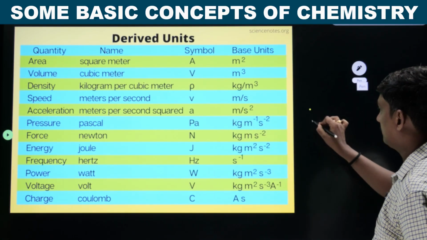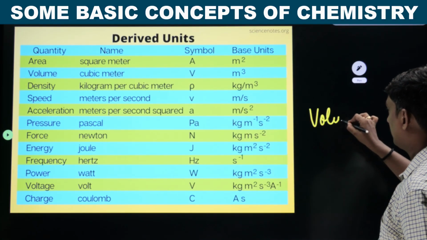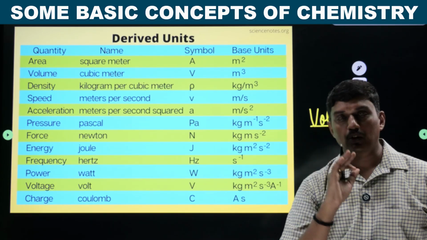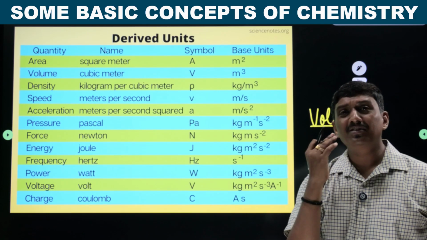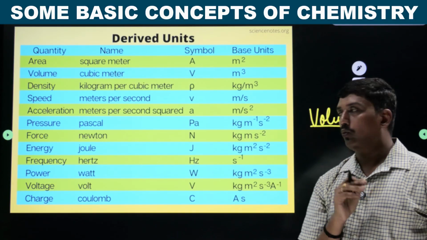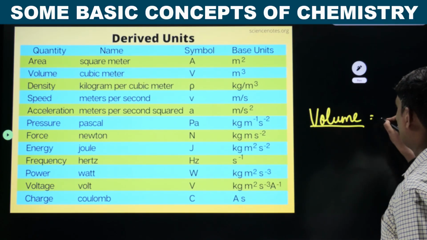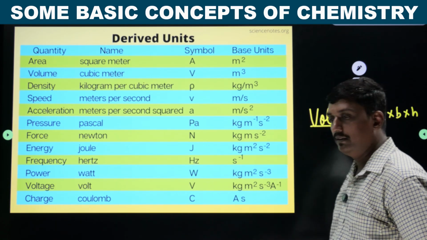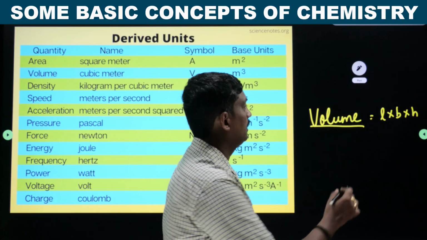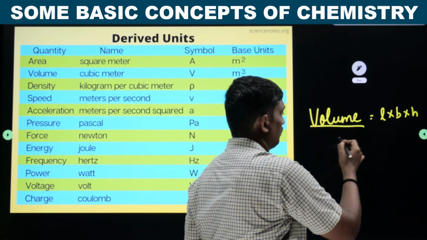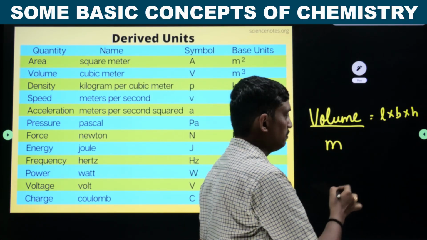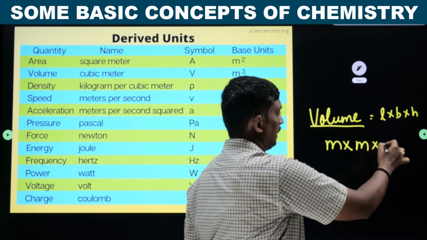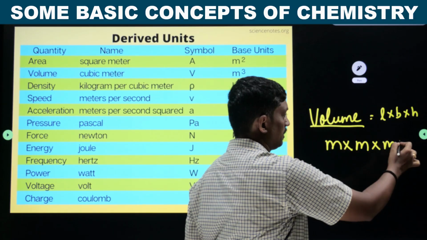Volume is given. Volume is a physical quantity. What is the definition of volume? Volume is nothing but length into breadth into height. Now, length in the SI system is a meter. Breadth is in terms of a meter, and height in terms of a meter.